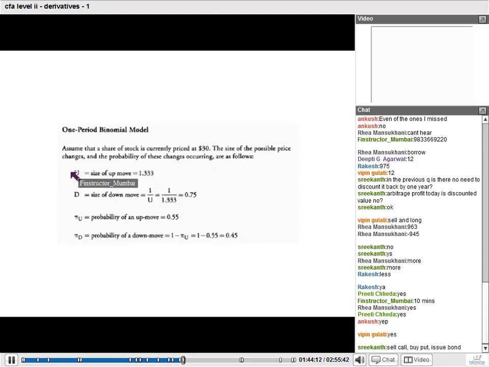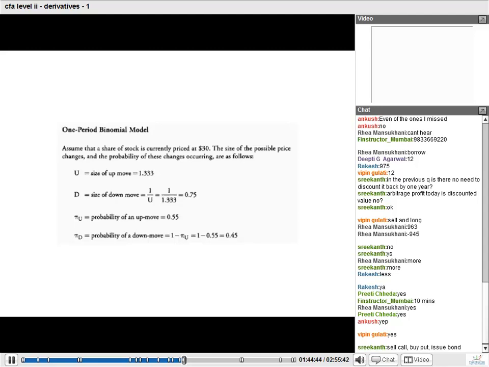The size of the possible changes and the probability of these changes occurring are given as follows. So, U is the size of an up move, D is the size of a down move, pi U is the probability of an up move, and pi D is 1 minus the probability of an up move, it's the probability of a down move. Compute the price of an option.